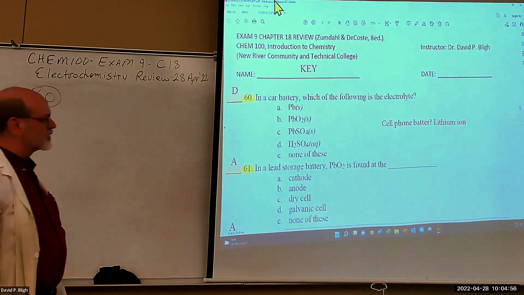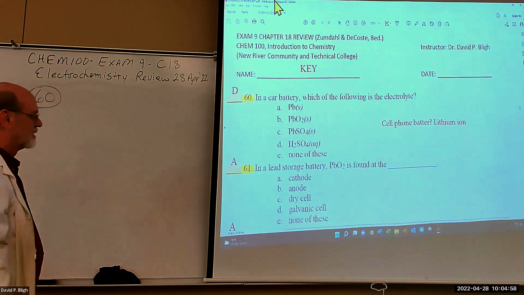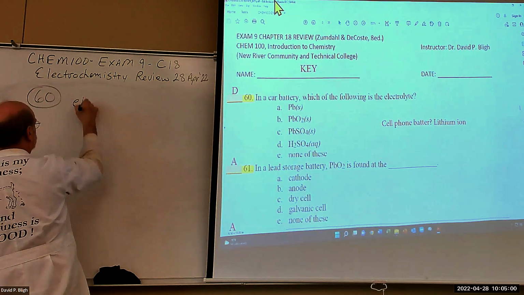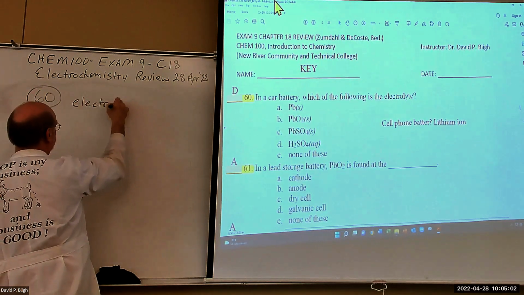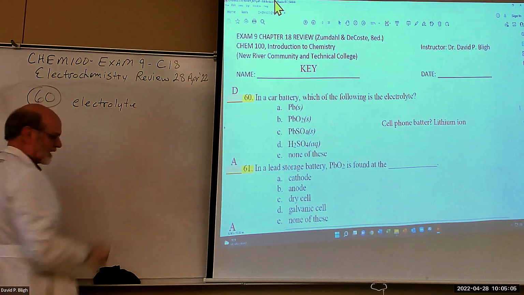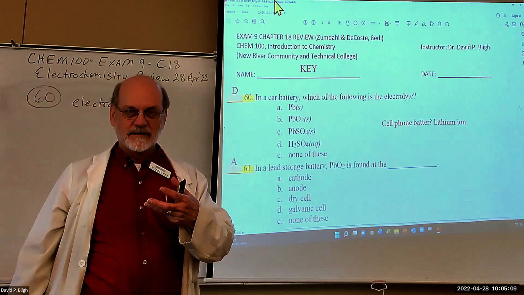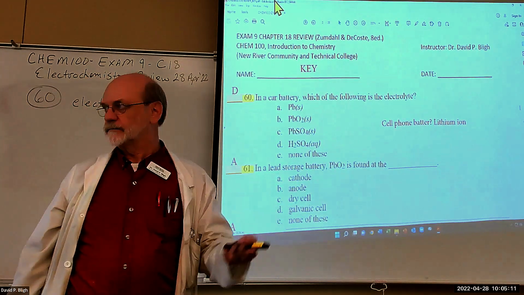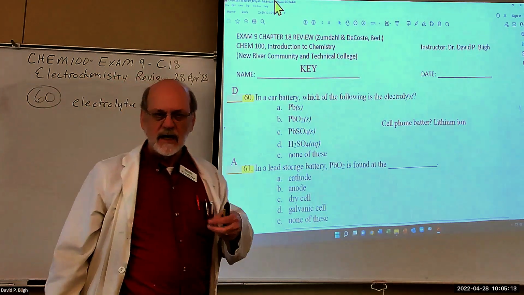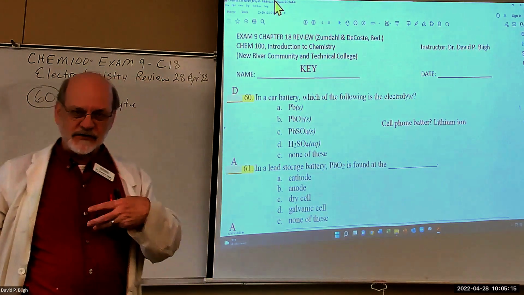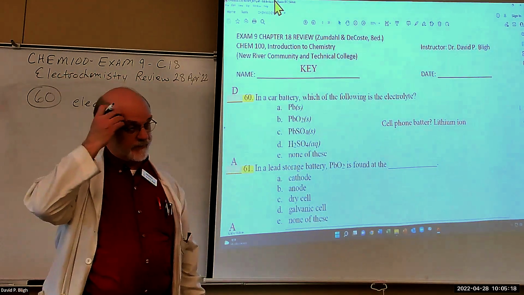In a car battery, which of the following is the electrolyte? What's the electrolyte? The electrolyte is the solution in any half cell. The electrolyte is going to have dissolved ions in it.